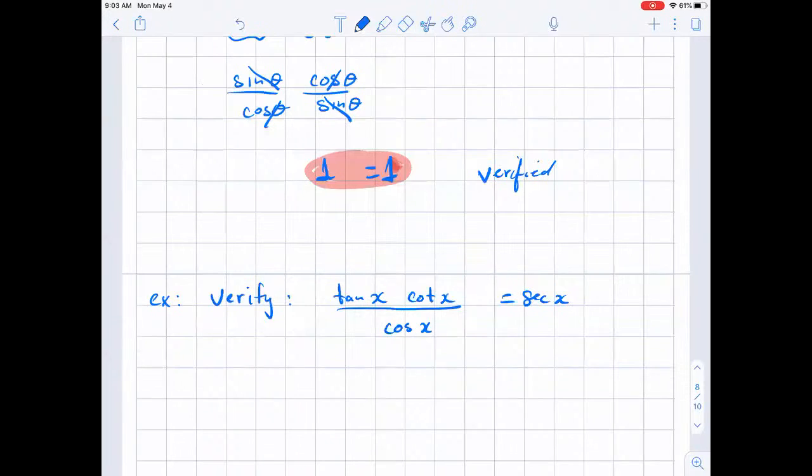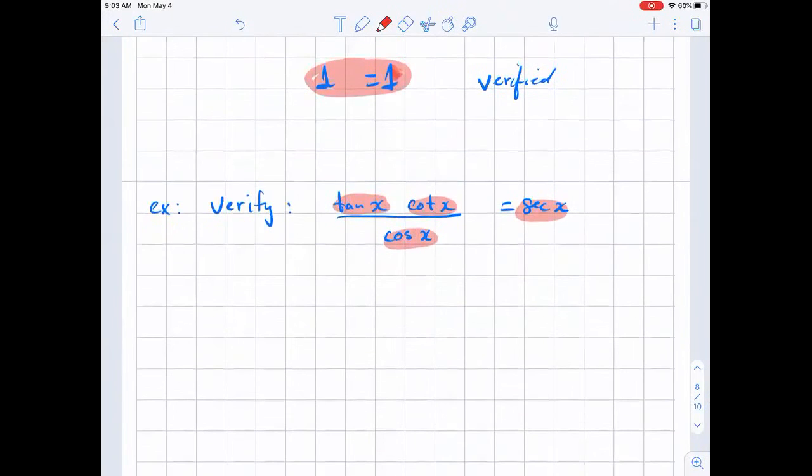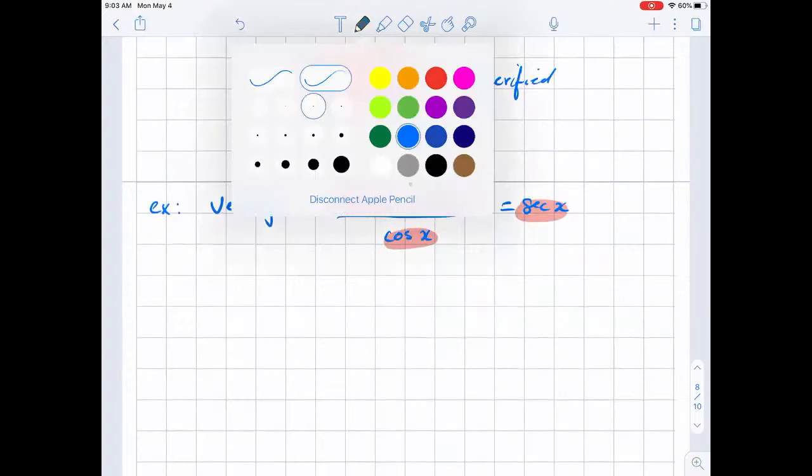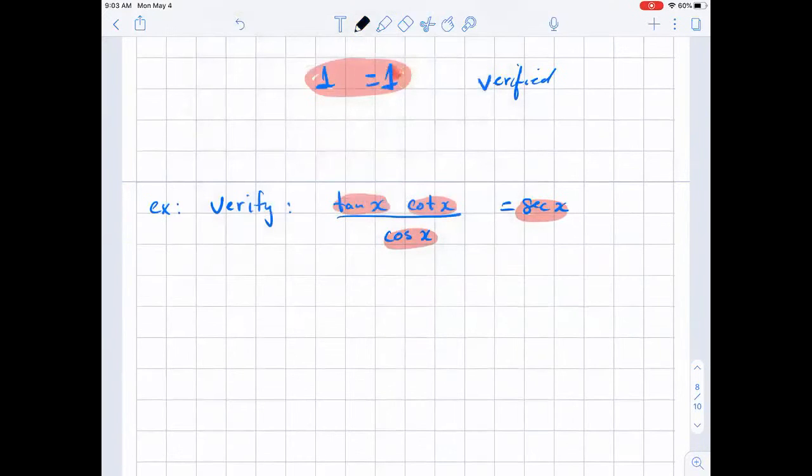So here is one that we have to verify. An example: we want to show that tangent x times cotangent x divided by cosine x is equal to secant x. Now, which side looks more complicated to you? The left side or the right side? Left side.